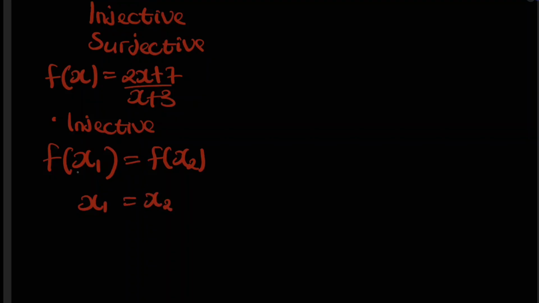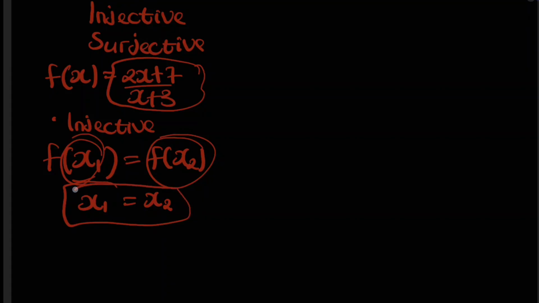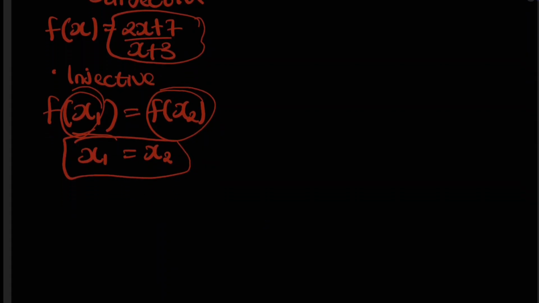So when you substitute this in this equation, you should be left with x1 equal to x2. So let's test and see. Okay, now we have this. Let's put it in the equation. So take the first one, f of x1.